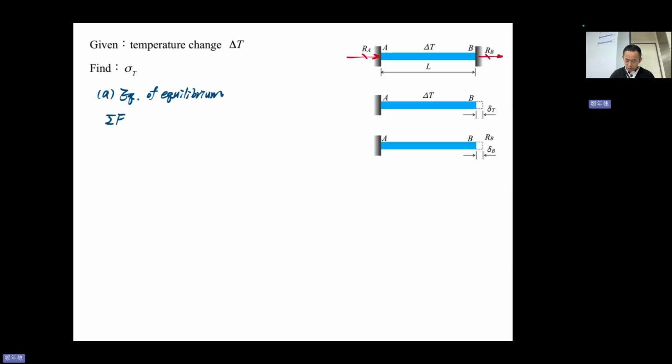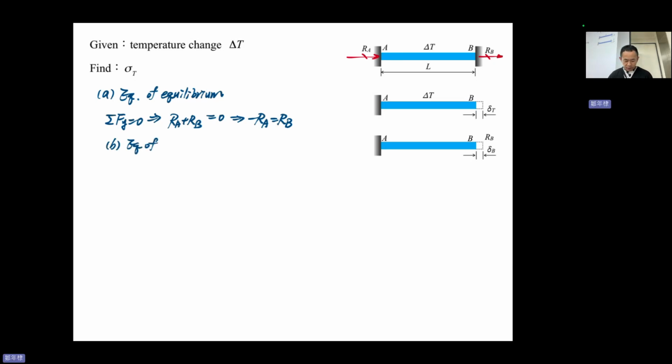Sigma Fy equal to 0. So RA plus RB equal to 0. So which means that minus RA equals RB. So which means that one of the directions is wrong, but I don't know which. Okay, we don't know, but it's okay. Just leave that.